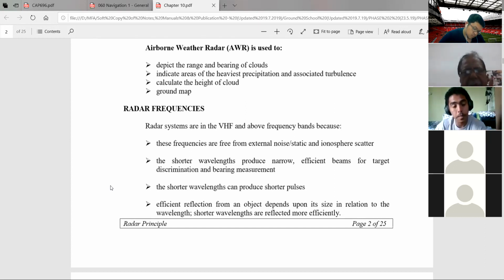So I would prefer that my beam picks up only one aircraft, because if I have 3 aircraft but my screen shows only one, this can be a very dangerous situation. The reason we use higher frequencies in radar is to make the beam as narrow as possible, so that the beam picks up only one aircraft at any given time.